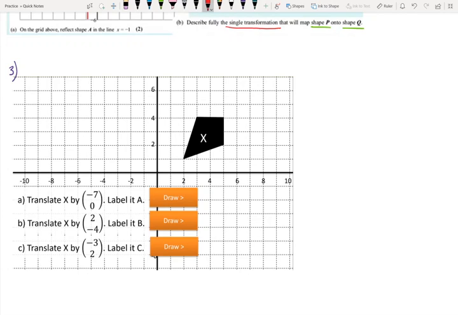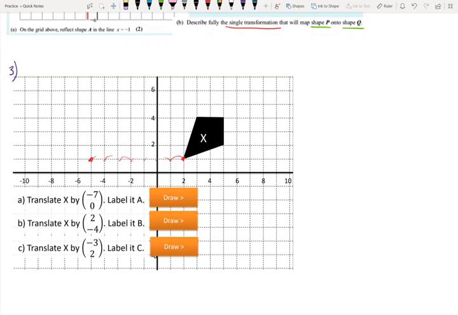So we choose any of these vertices of X, and then you start going 1, 2, 3, 4, 5, 6, 7 to the left, to the minus side of the x-axis, and then you take another vertex, 1, 2, 3, 4, 5, 6, 7.